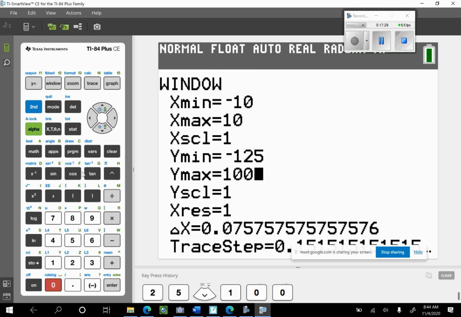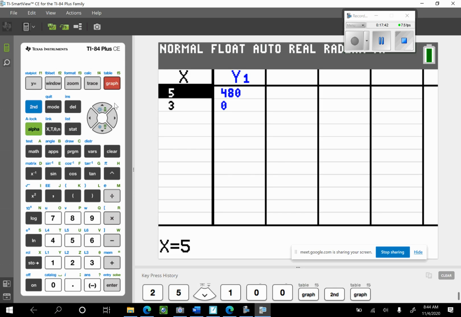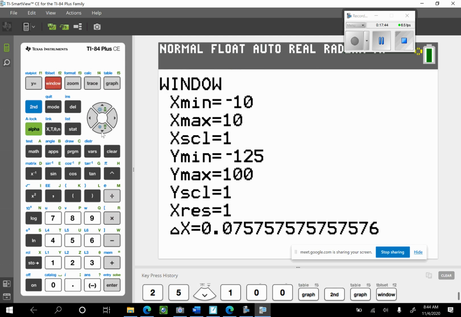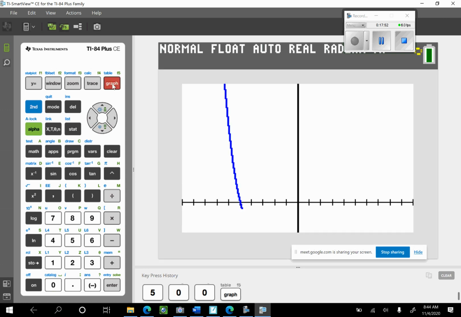I'm going to go 100 y's. What I found, if I go from 3 to, let's see what was that value at 5. That value at 5 was 480, so I'm going to go 500 y's. I'll show you exactly what that means graphically.